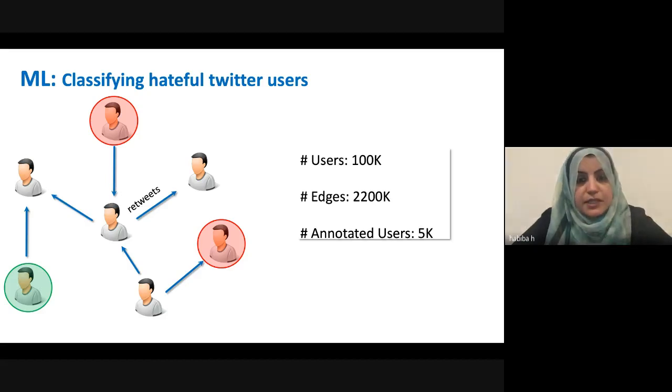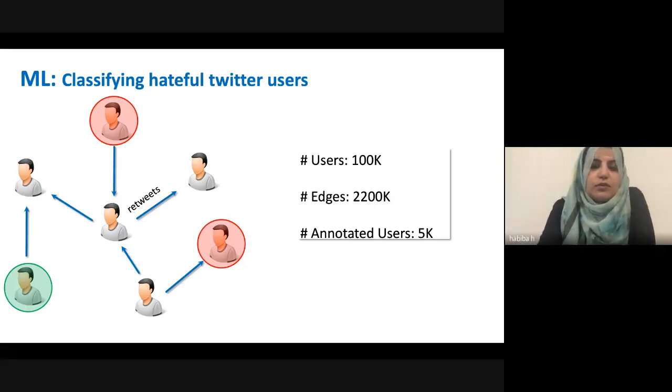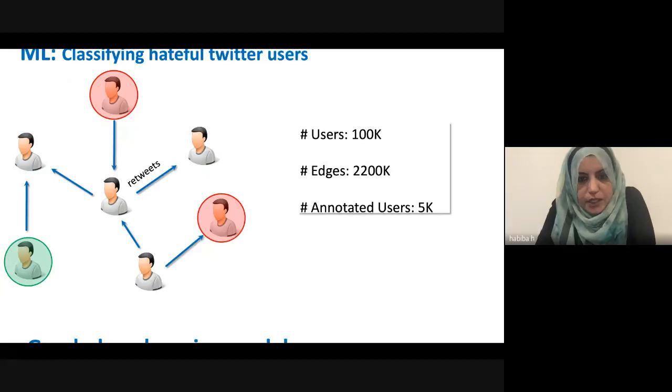What this tells you is that, even when you have fragmented information, this retweet behavior can be indicative of the inclination of the unknown individual, whether they're hateful or not.